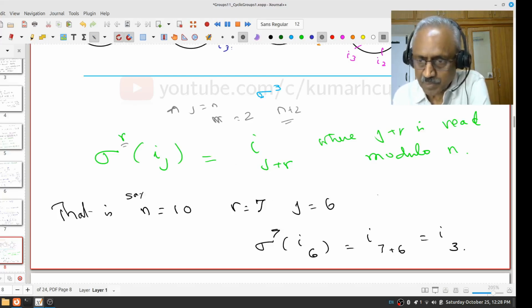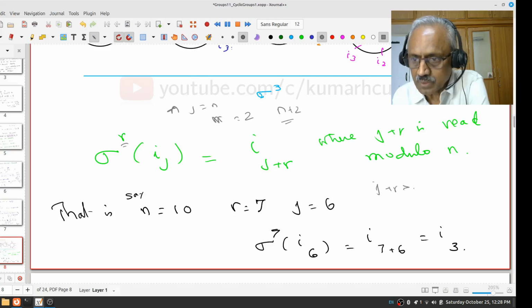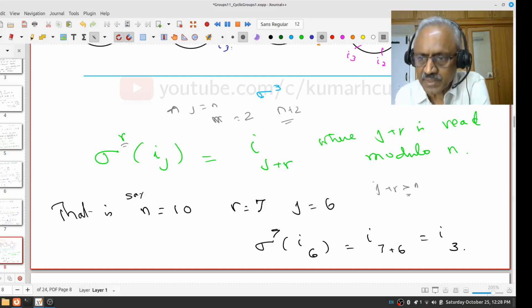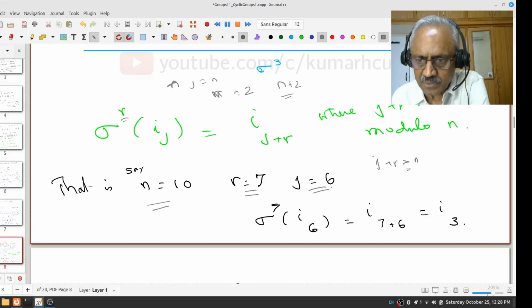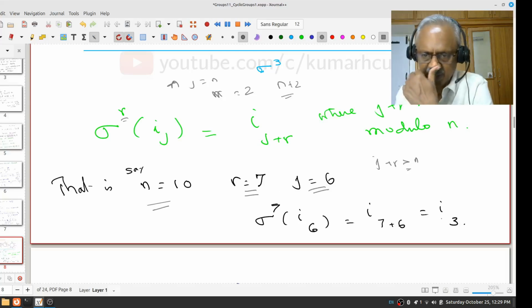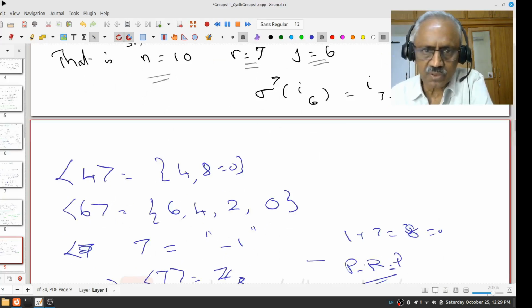But j+r may shoot out greater than n. In that case, you read it modulo n. For example, suppose n is 10, r is 7, j is 6. If I apply 7 times, it is going to be 13, i13. Because n is only 10, it will be i3. Have you understood?